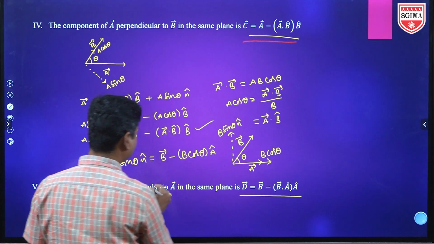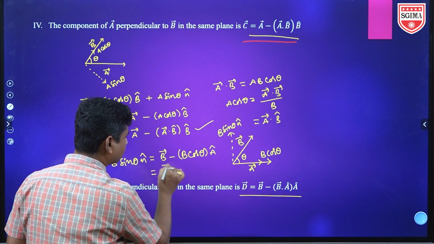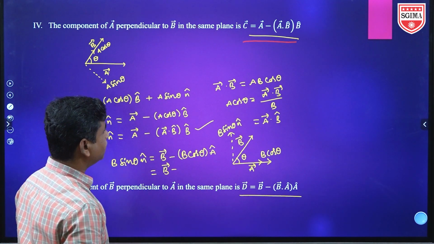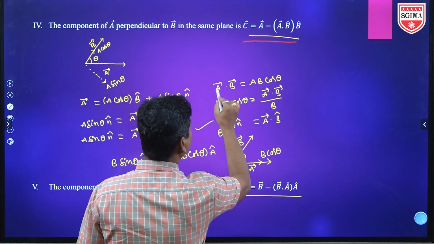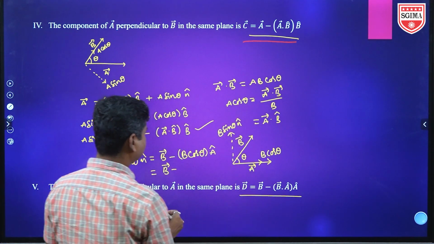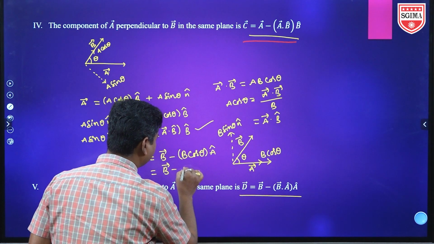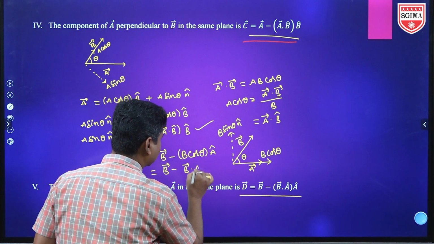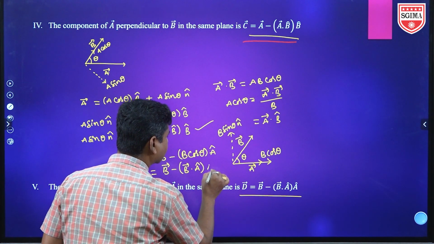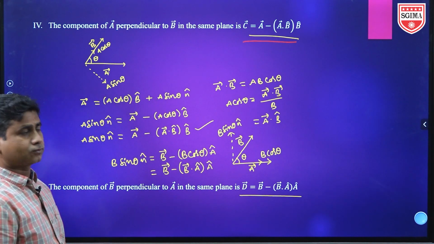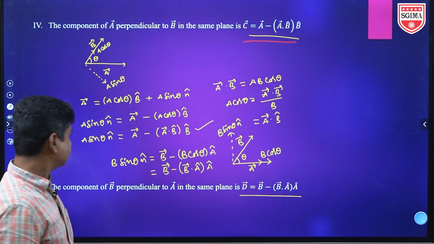So B bar minus B cos theta, what do you write for B cos theta? A bar dot B bar by A. So taking A cap, otherwise B bar dot A cap into A cap. That is the proof for this also.